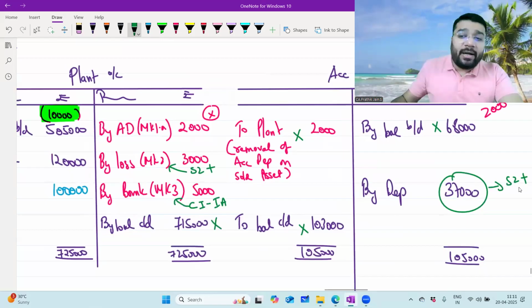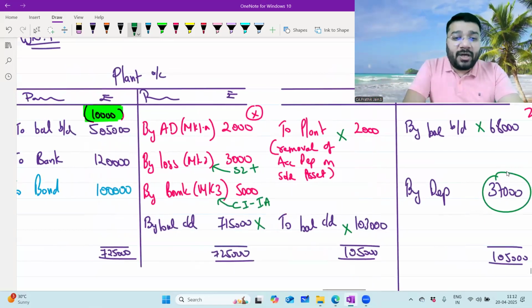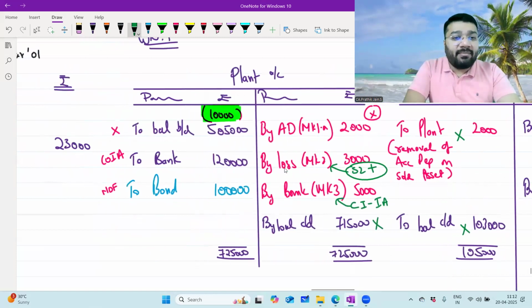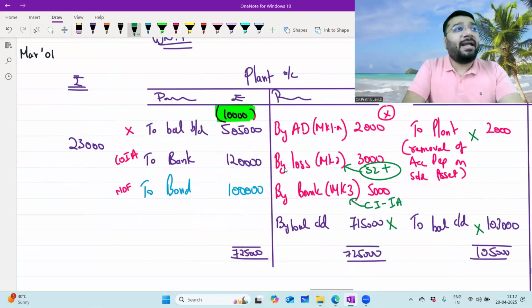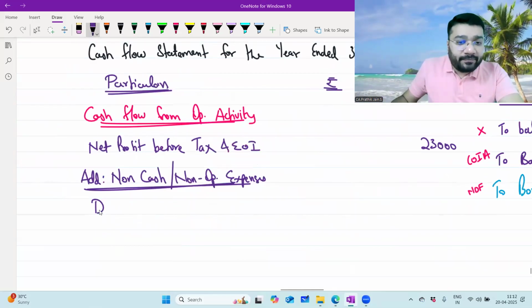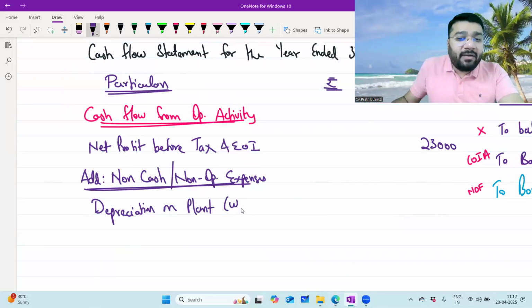So here, how many? Expense in nature, 1. Loss in nature, 1 more. So 2 items in segment 2. So can I do it? Okay. Add first depreciation, in bracket working note number 1, or this is directly also given, so you can take both.